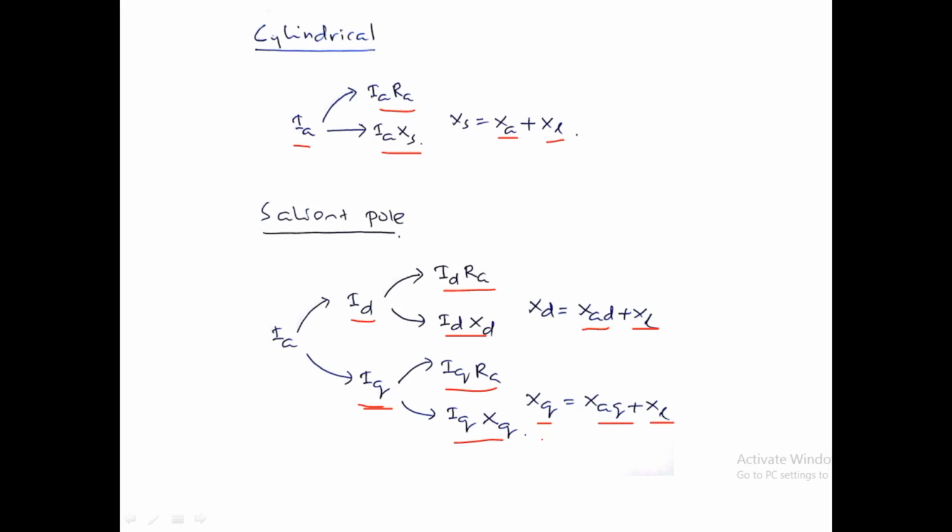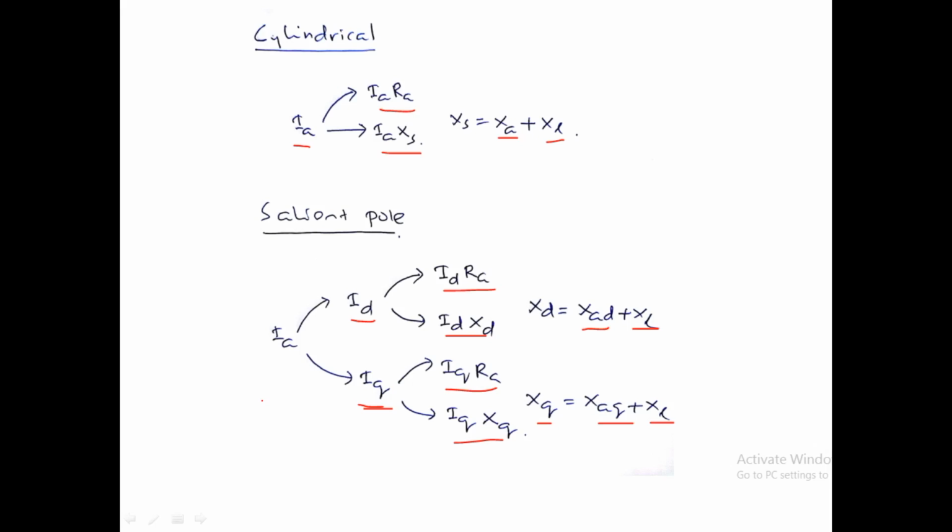So these things we should know before we are going to the vector diagram. That means IA is having two components, ID and IQ. Both ID and IQ are making resistive drop, ID into RA and IQ into RA. ID is making a reactive drop, ID into XD, and IQ is making a reactive drop, IQ into XQ.